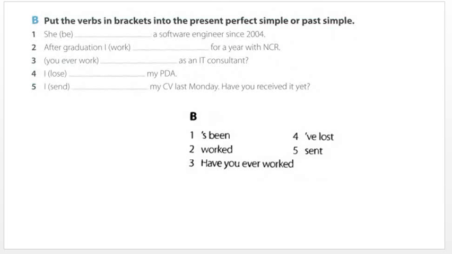Okay. Put the verb in brackets into the present perfect simple or simple past. Here we have 5 brackets, and we should use the present perfect simple or present perfect continuous tense. She has been a software engineer since 2004.